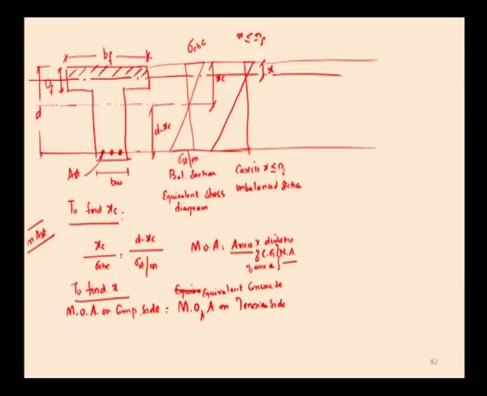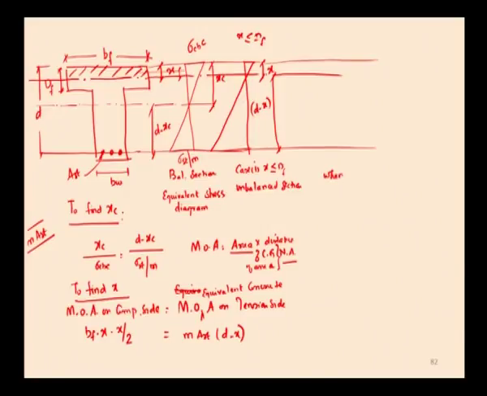The moment of area on the compression side is the area of the compression side, that is BF into X. The distance of the CG of this compression side from the neutral axis is X by 2, which is equal to the moment of equivalent concrete area on the tension side, here it is m into AST into the distance of the CG of this tensile steel from the neutral axis, which is D minus X. So, this is the way of finding the neutral axis for the first case.